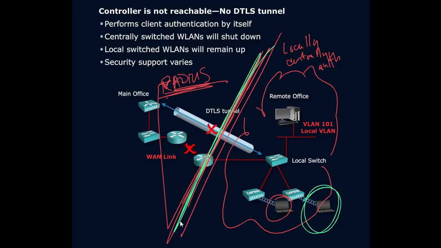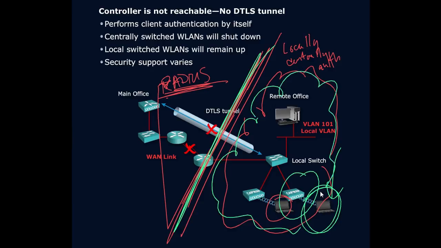So that user had already authenticated to the Radius server, already had a successful association with the AP, and then 30 minutes or an hour later, the Radius server went down. What is the status of this user now? It's a different question, isn't it? Remember, this is a local SSID we're talking about in this scenario.